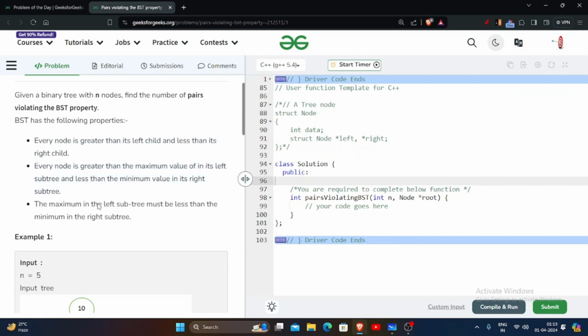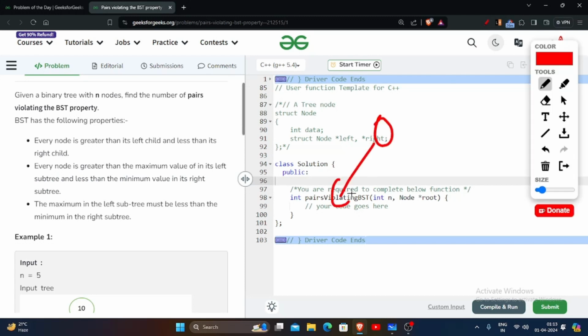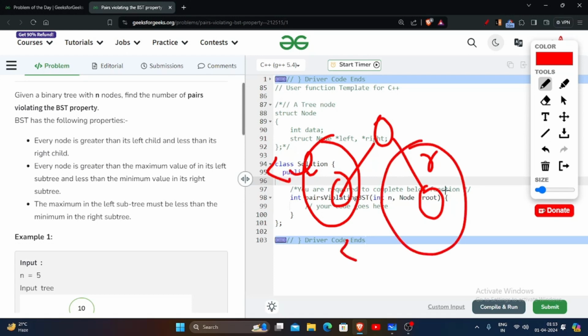Now the third point: the maximum in the left subtree must be less than the minimum in the right subtree. It's obvious that if on this side the elements are less and on this side the elements are greater, then the maximum in the left subtree would always be less than the minimum in the right subtree.